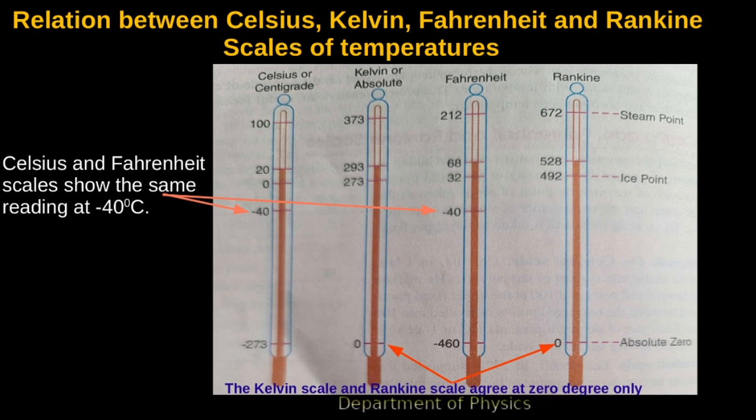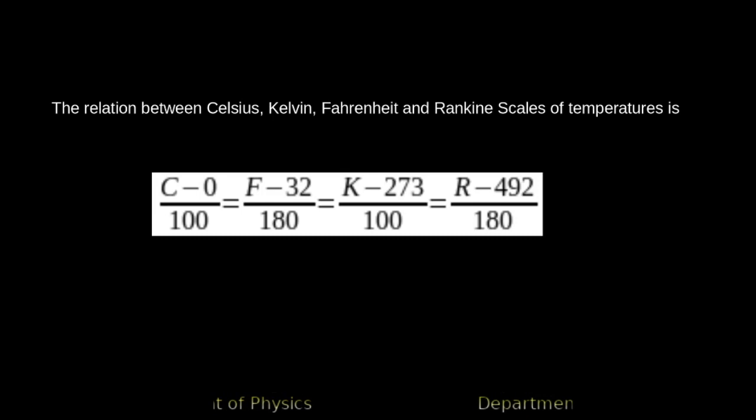So we can form the relation between the Celsius, Kelvin, Fahrenheit and Rankine scales of temperature: C minus 0 by 100 is equal to F minus 32 by 180 is equal to K minus 273 by 100 is equal to R minus 492 by 180.